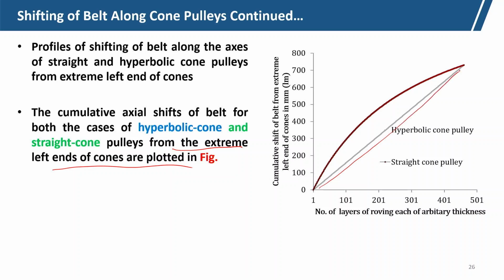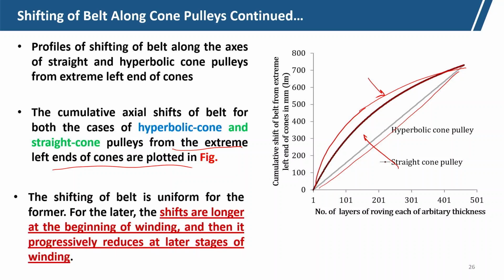So, for every layer the shifting will be equal, but for the straight cone we have to shift the belt in such a fashion that initially with the number of layers the shifting will be at the highest rate, and gradually it will reduce. So, this shifting is done by using the eccentric arrangement.